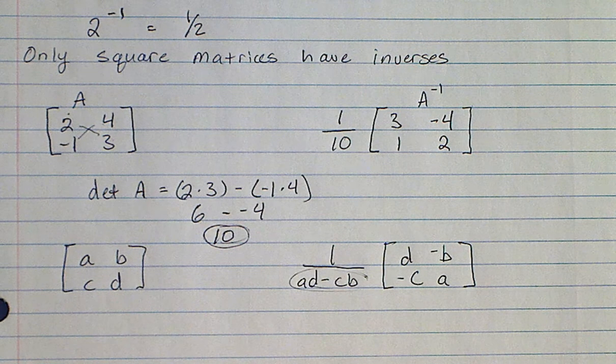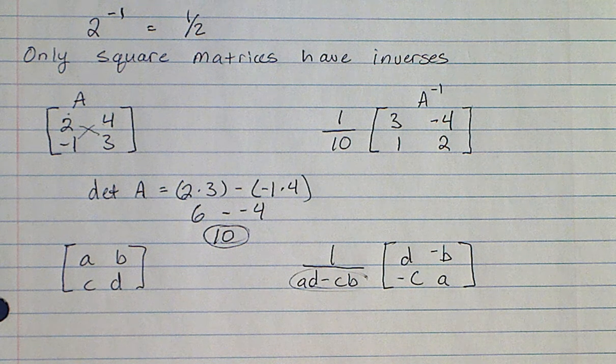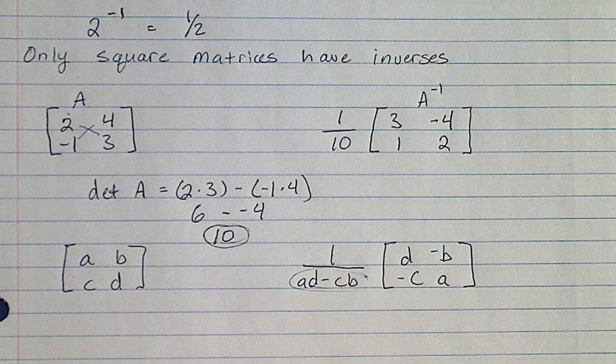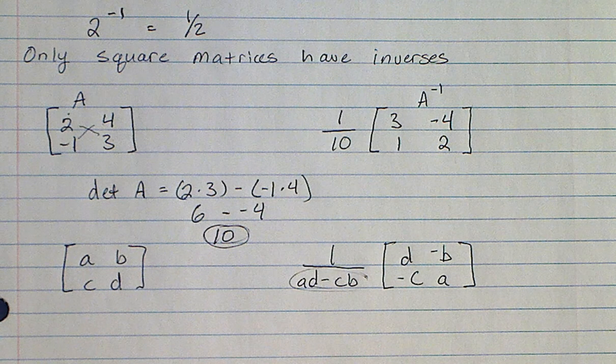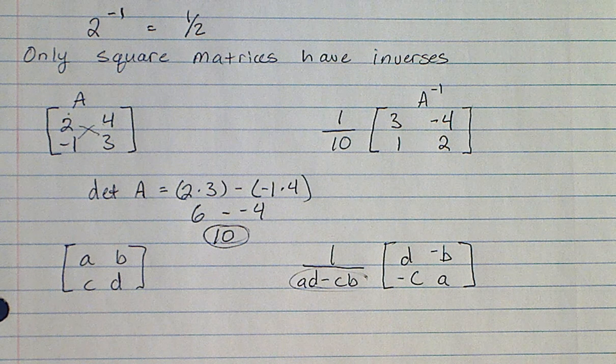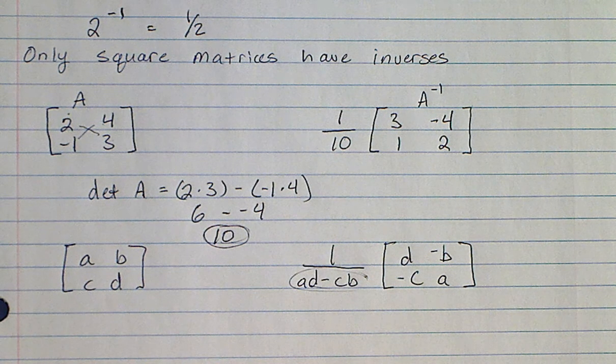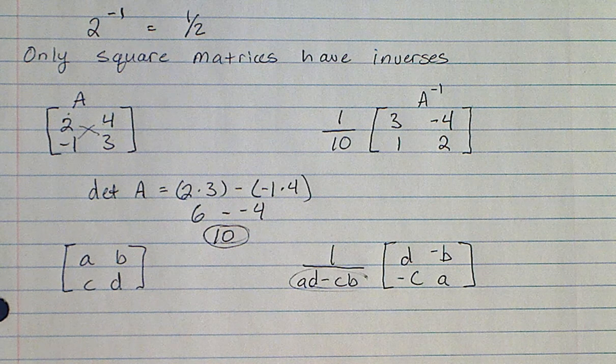What does the determinant inverse thing have to do with flipping the rows? You didn't use the 1/10 to flip the two numbers. No, you want to think of it like it's the matrix version of doing the reciprocal. When we had 2 and you take it to the negative 1 power, you do 1/2.